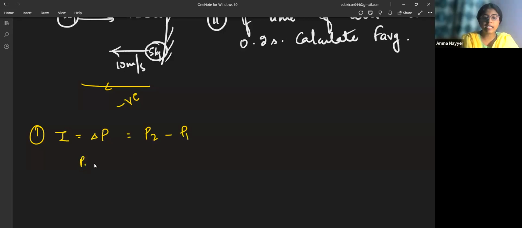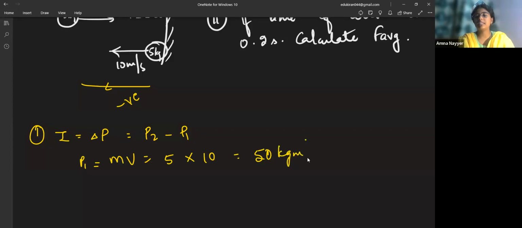Now let us calculate the initial momentum. Martin, what is the formula of momentum? MV, perfect. The formula of momentum is mass into velocity. Mass is given as 5 kg and velocity is given as 10. So that becomes 50 kg meter per second.